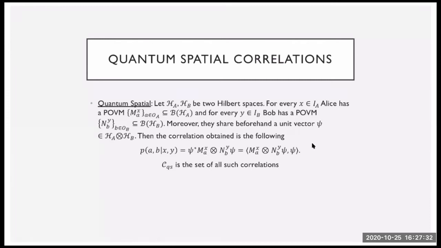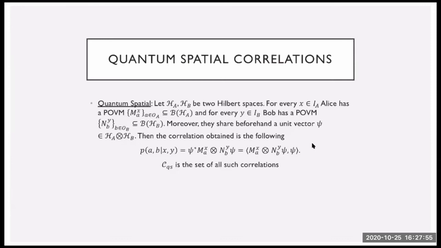So if you have two Hilbert spaces, H_A and H_B, for any input x that Alice can have, the box chooses beforehand some experiment, but now an experiment is just a POVM in the more general definition. So these are positive operators, all the M_a^x that sum up to the identity.